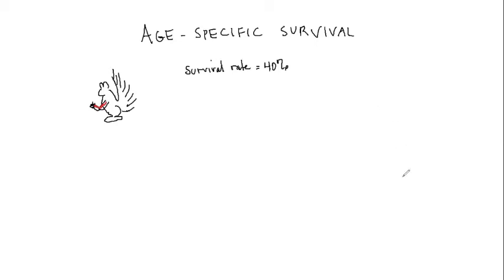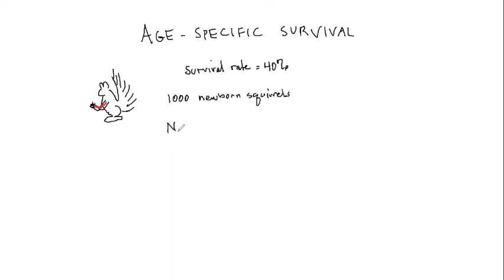So let's see what happens if we actually have 40% survival in the first year, and we'll add the assumption that this survival likelihood of 40% per year remains constant for the entire life of the squirrel. We can calculate the number surviving at any given time by taking the number of live squirrels we had 1 year prior and multiplying that by 40%. Let's say we start with 1,000 squirrel newborns.